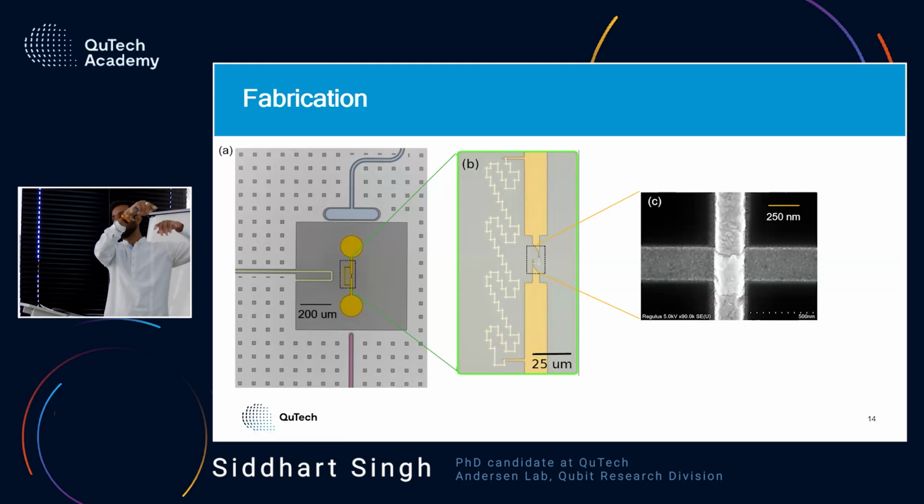Otherwise, I could have just created a ladder kind of structure, but there the clearances were not enough. So I had to make sure that the perimeter is the smallest possible. And secondly, the area of this loop is also small, because those two factors contribute to the flux noise in the system. And that's why this was the optimal geometry I could reach. At the moment I'm working on trying to optimize it further if I can.